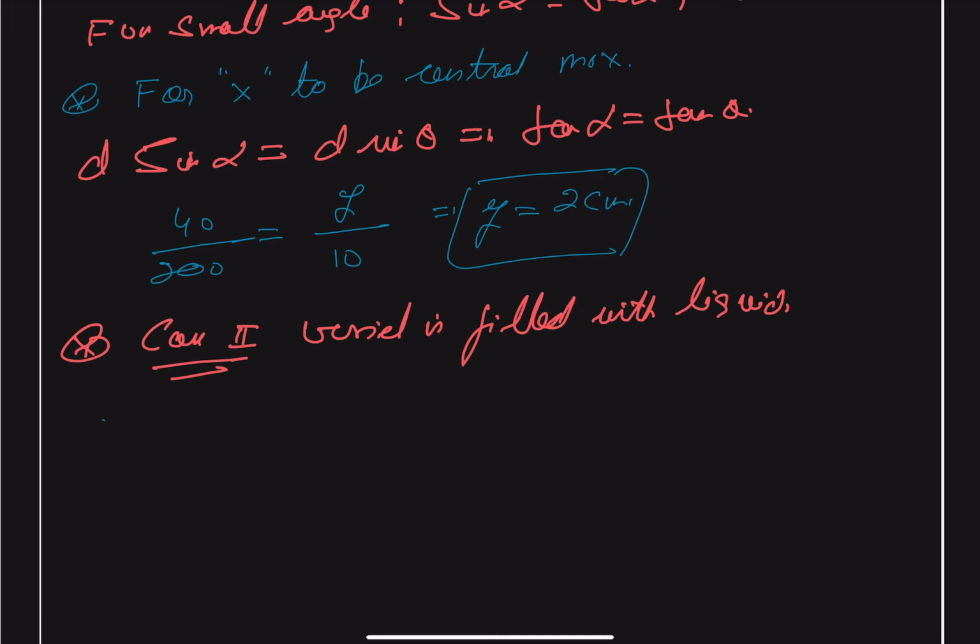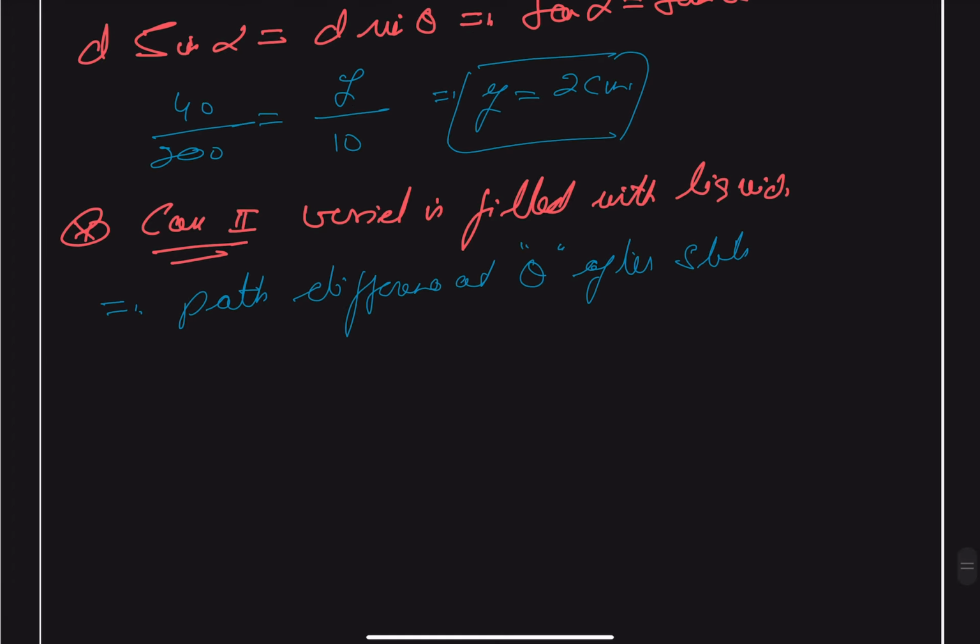So we can say that the path difference at Q after slits, let us suppose that is our delta x, will be equal to mu minus 1 multiplied by t.